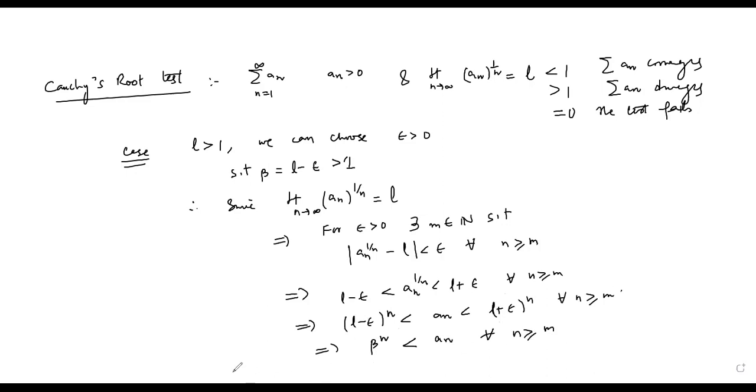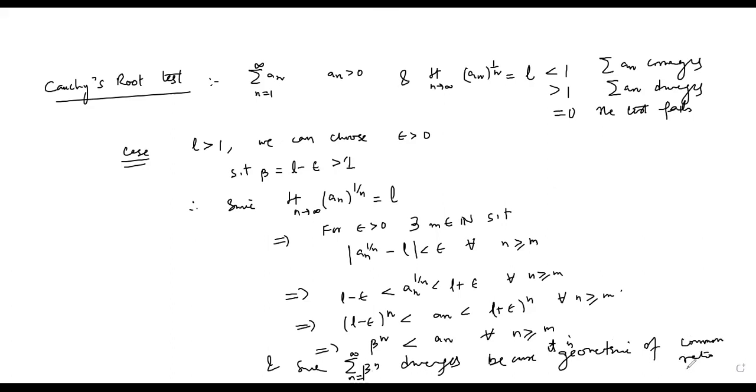And of course, since summation beta n runs from 1 to infinity diverges, because it's a geometric series of common ratio beta bigger than 1.